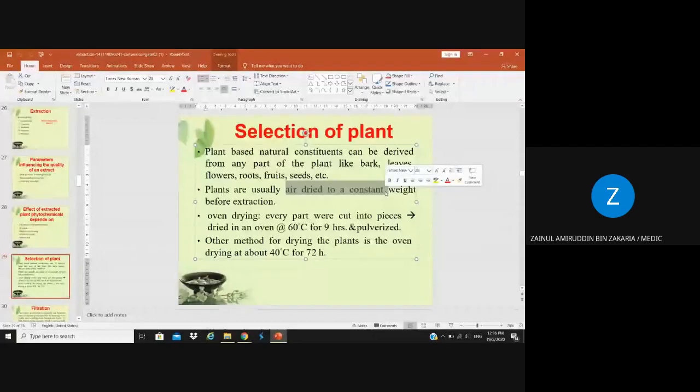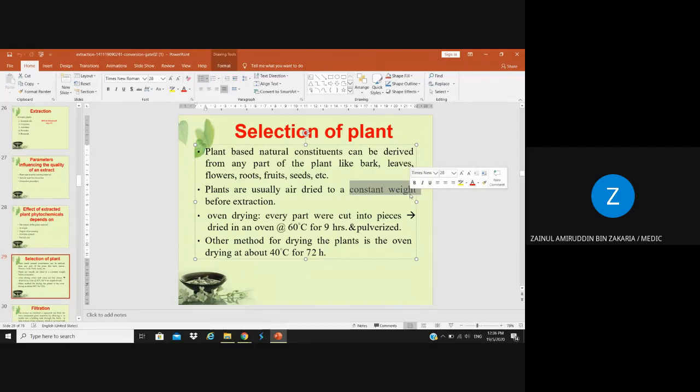Or sometimes, if the oven is available, then they can put it in the oven at a temperature of 40 degrees Celsius. Okay. So normally for my students, they put it at 40 degrees Celsius, or they put it in the lab on the floor for two weeks. I ask them to dry it for 2 weeks so that we get a constant weight.